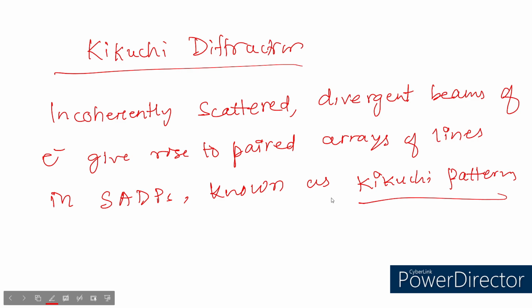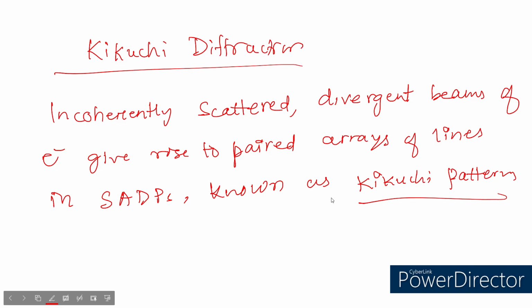The reason why the Kikuchi pattern forms is that if the specimen is thick enough, then it will generate a large number of scattered electrons which travel in all directions and mainly in the forward direction, which shows that they have been incoherently scattered but not necessarily inelastically scattered, though some of them lose some energy.